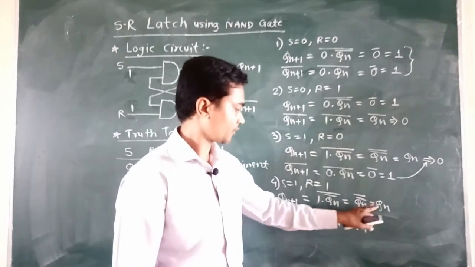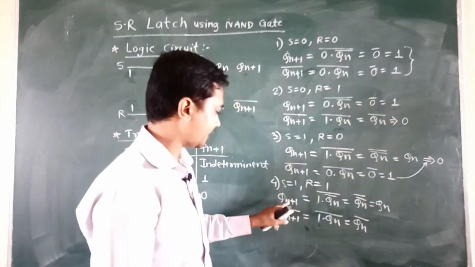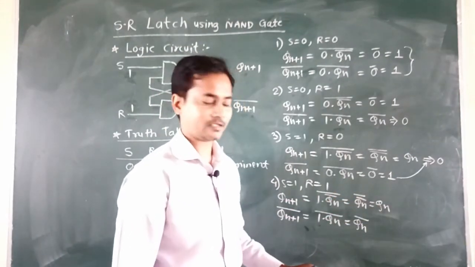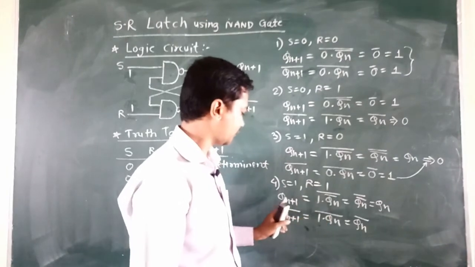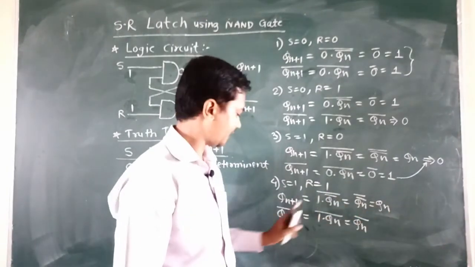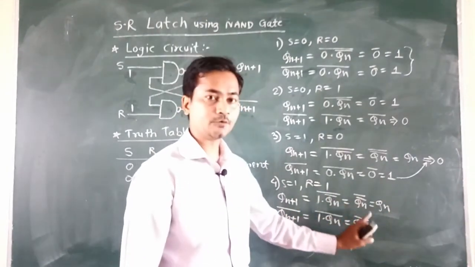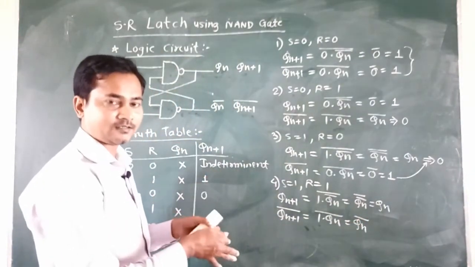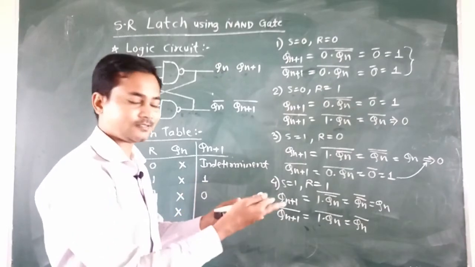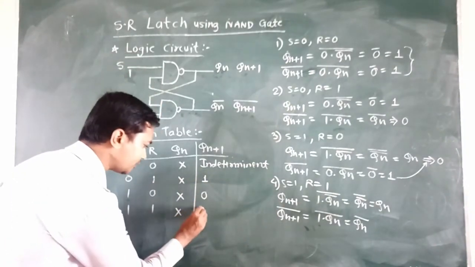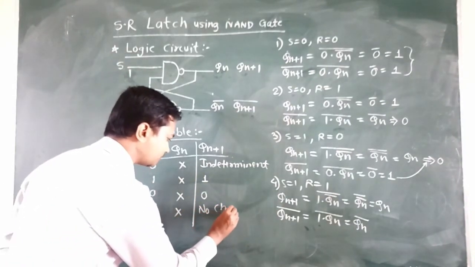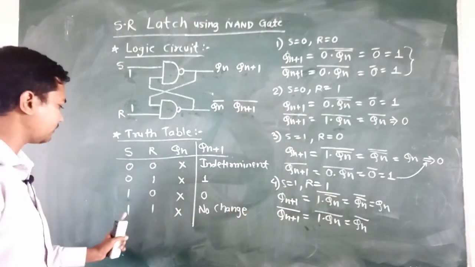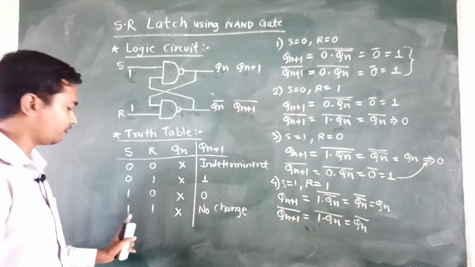So we can say that the next state will be the present state. Qn plus 1 will be Qn and Qn plus 1 bar will be Qn bar. Whatever the present state is, the same present state will be the next state. So I can write here: no change in the output when S and R are both 1.